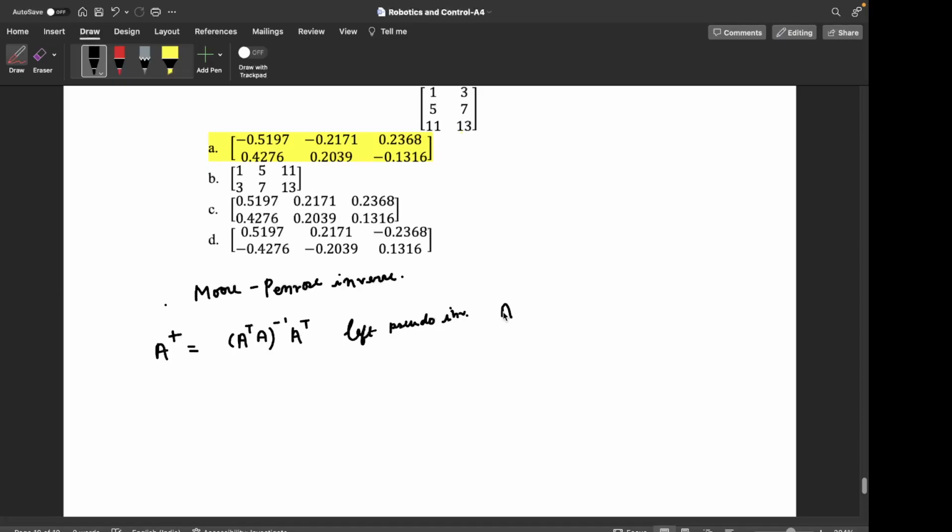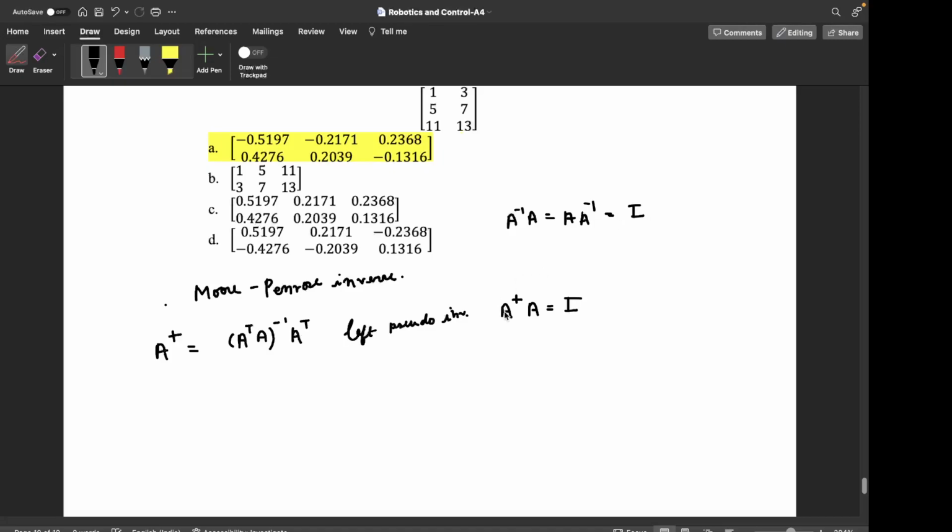Because if we compute A pseudo inverse times A, it is identity. The point to note is that in a normal inverse, A^(-1)A equals A A^(-1) equals identity.